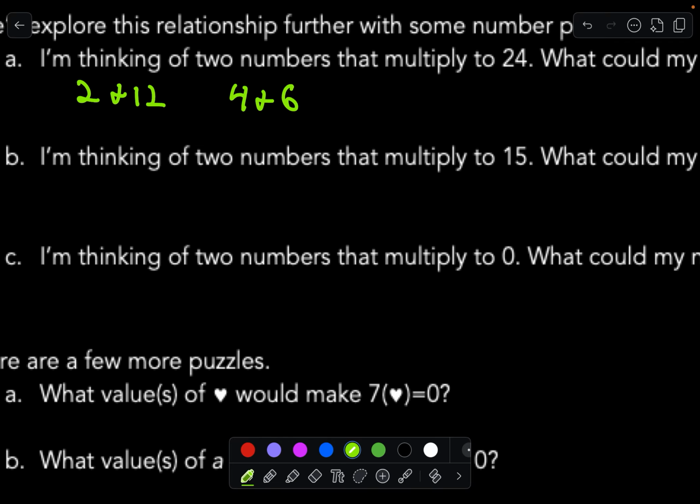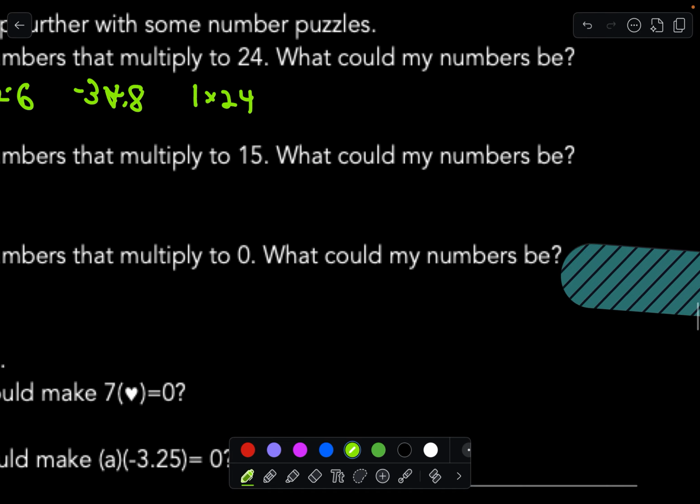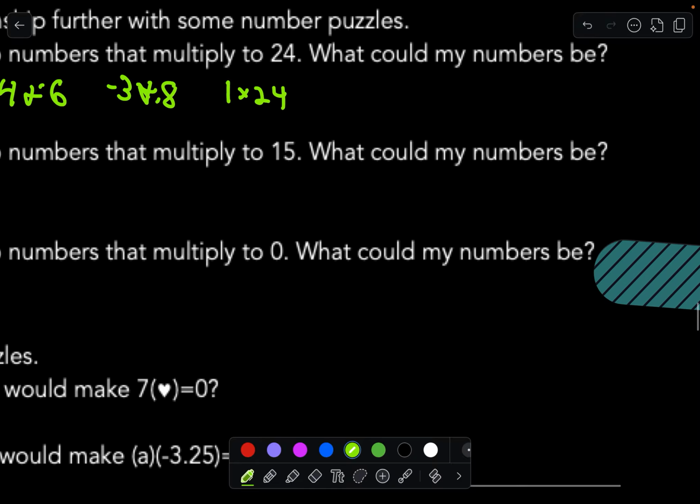You can have 3 and 8. Or you can have the negatives of them, too, the opposites, because those are positive 24. You can also have 1 times 24. So these are the possible choices.